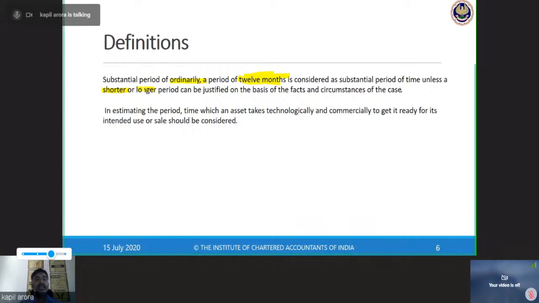It all depends upon facts and circumstances, and how management can justify that. For example, let's say a construction company has taken a loan of 200 crore and the interest rate is 10%.